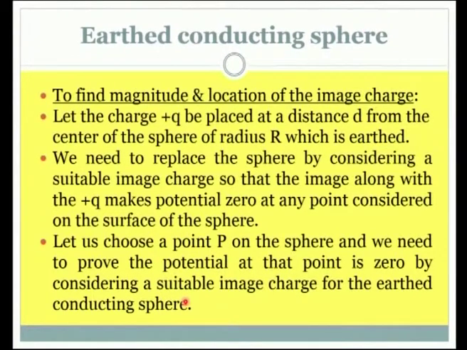Here we have a clue. What is a clue? The sphere is connected to the earth, its potential is 0 on the surface. At all points on the surface the potential is 0, that is the clue. So, we need to consider an image that also produces the potential 0 at all points on the sphere. And moreover, what about the magnitude?